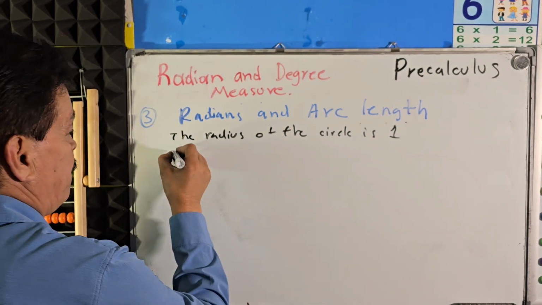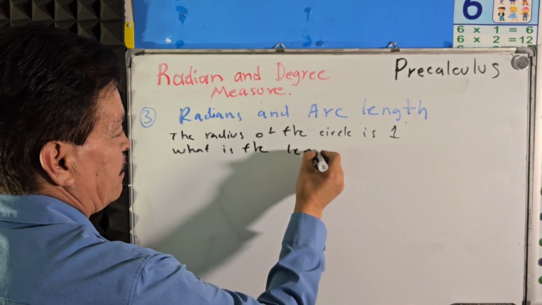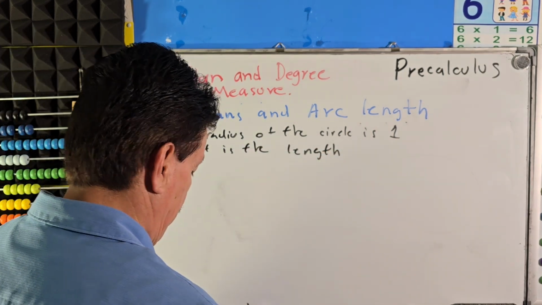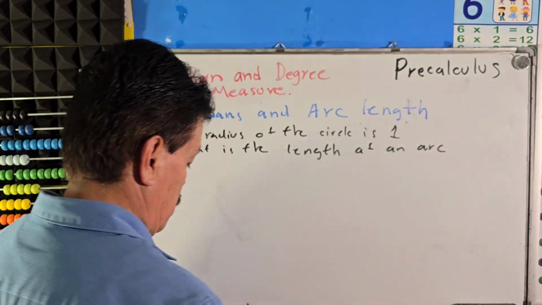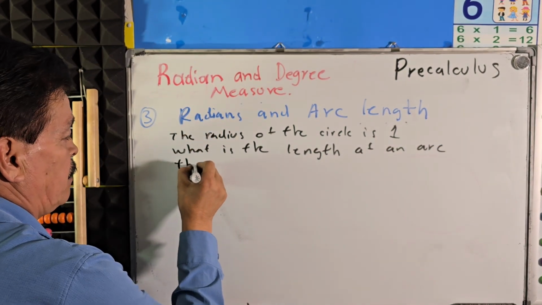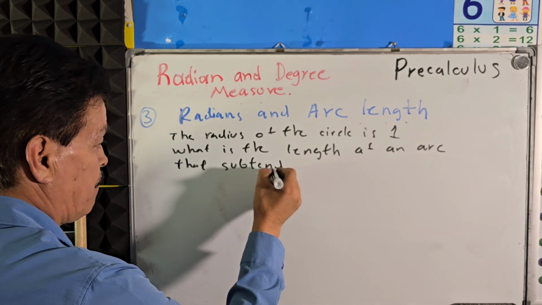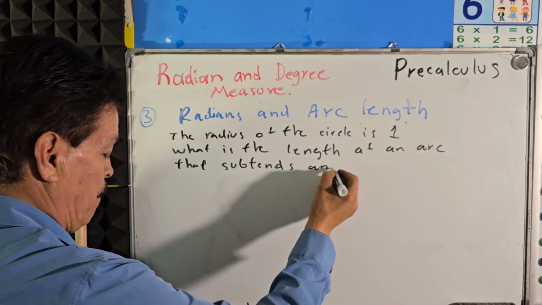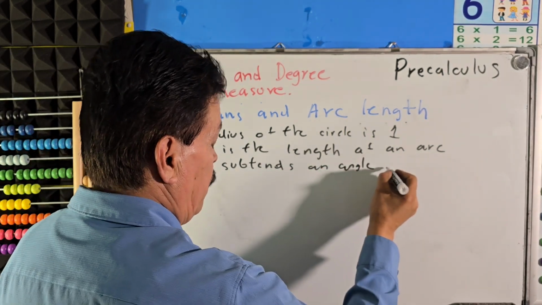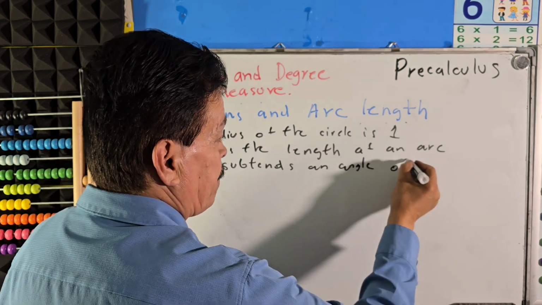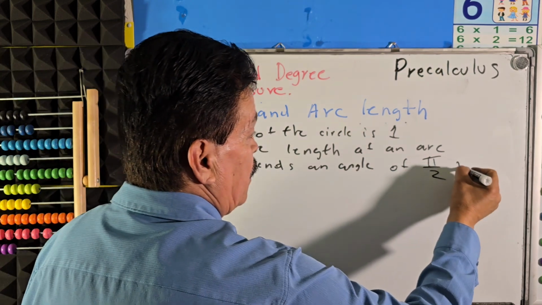What is the length of the arc that subtends an angle of pi divided by 2 radians?